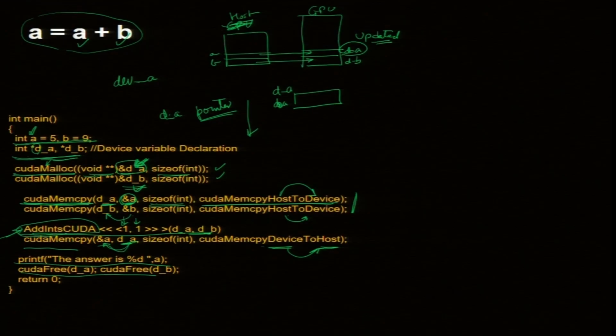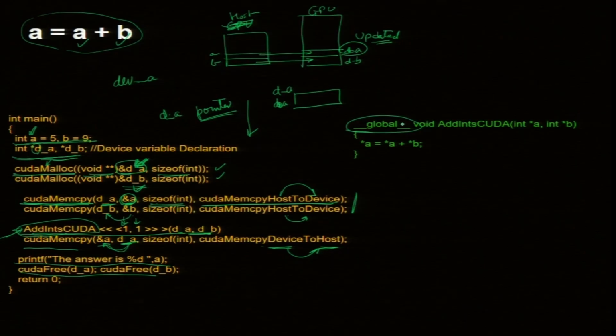Okay. So, this is how the main program is, but we need to also write the function. This is my function, global, which means this has to be running inside the GPU. It is void, it does not return anything, then the name of the function, and it is taking 2 pointers. What is inside the function? Star A, the content of the pointer.